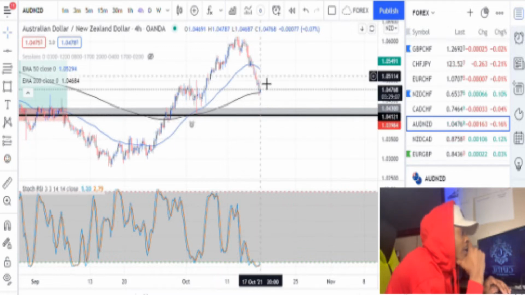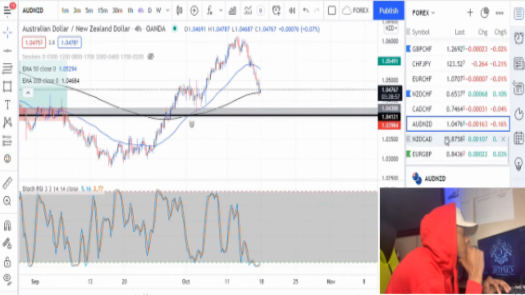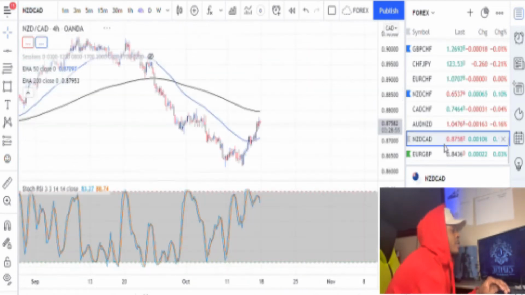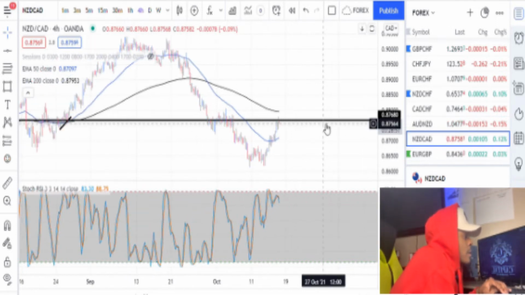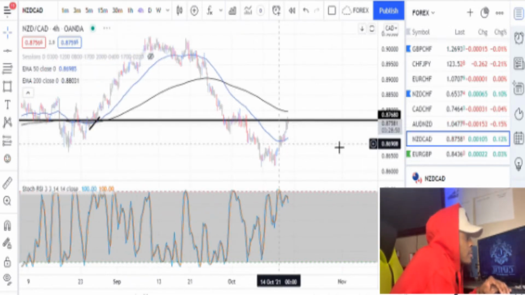I don't know what area I want this to retest. It's not a clear trade for me, so I'm not gonna bother with that. NZD.